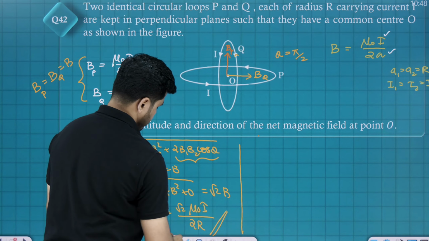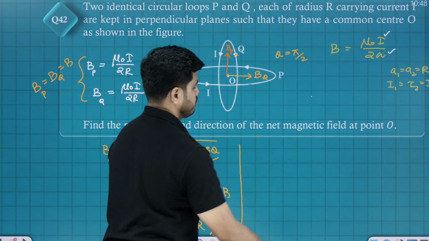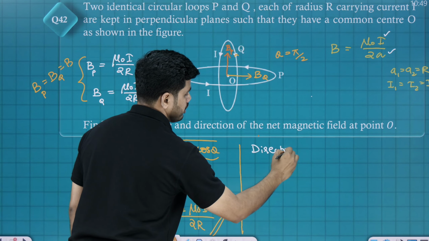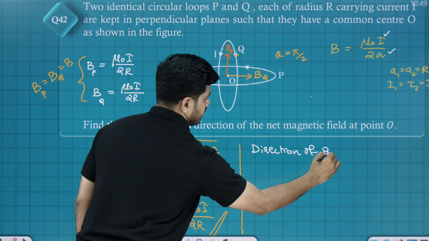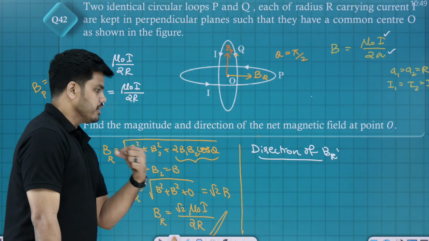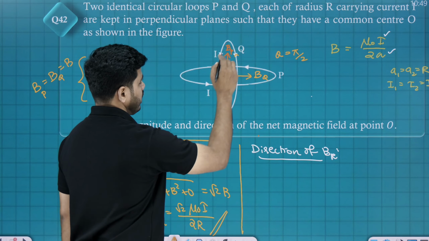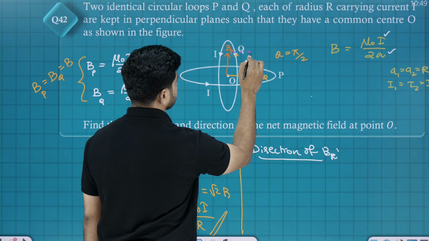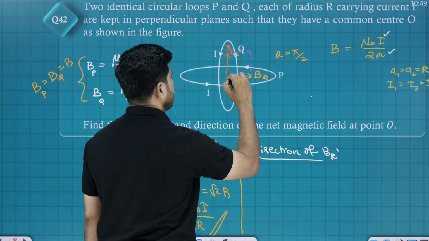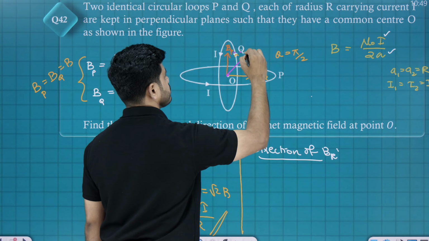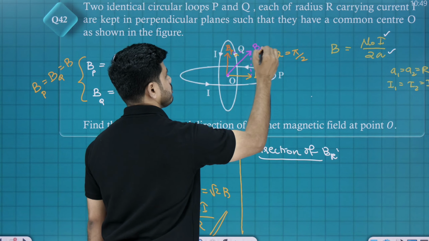This is the expression for the magnitude of the magnetic field. Now the question was about direction also. So let us find out the direction of the resultant magnetic field BR. Yes, the magnitude value is obtained. Now the direction. How will we find the resultant of these two vectors? We know the resultant of these two vectors will be the diagonal of the parallelogram, by the parallelogram law of vectors, and this is the direction of BR.